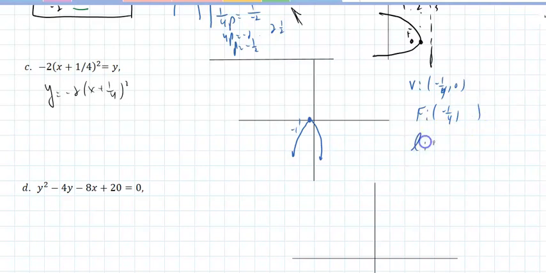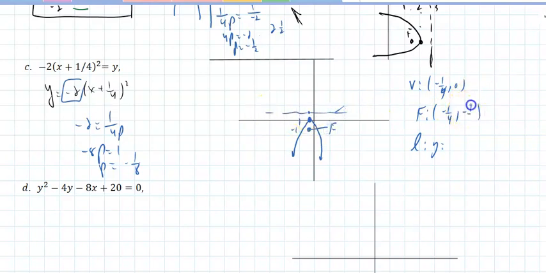And the equation for the line is y equals, in this case. I'll take the number in front of the square and set it equal to 1 over 4p. Negative 8p equals 1. Remember, the significance of p being negative indicates the graph opens down or up. We already know that. So if I am at 0 and I move 1/8 of a unit down and 1/8 of a unit up, so negative 1/8 and 1/8. And there it is.